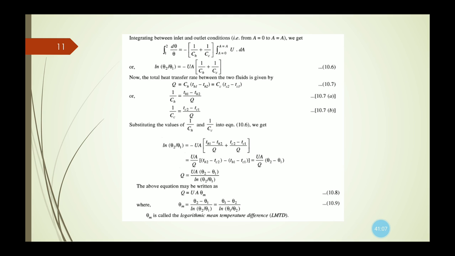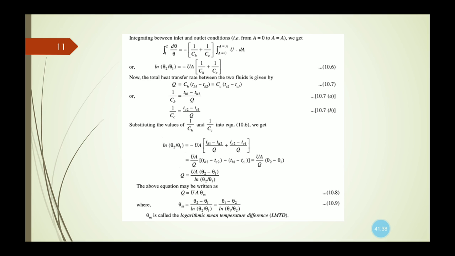If we equate this equation with Q equals UA theta m, then we can write the representation of theta m, the logarithmic mean temperature difference, as theta m equals theta 2 minus theta 1 divided by ln theta 2 by theta 1, or it is also represented as theta 1 minus theta 2 divided by ln theta 1 by theta 2.